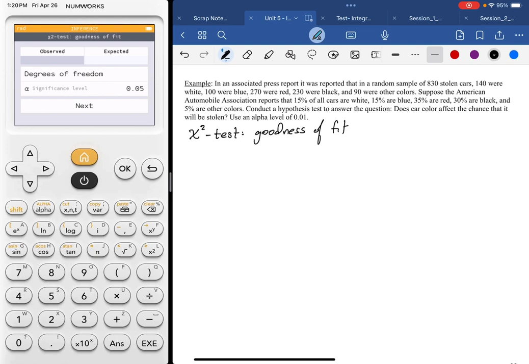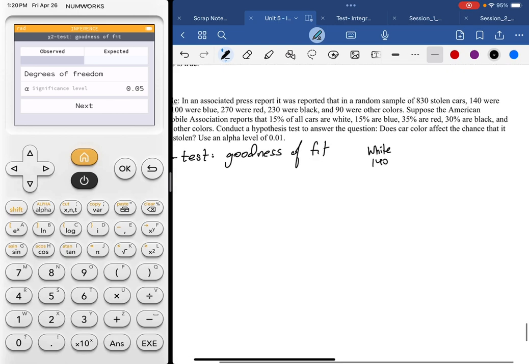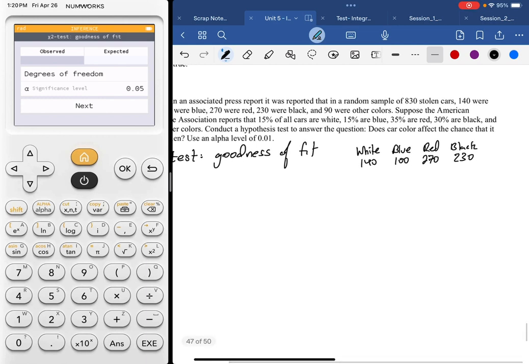Now, on paper, I'm going to indicate the relevant values here. So I'll make a little table. We have 830 stolen cars. 140 were white, so I'll say white, 140, 100 were blue, red 270, black 230, and other 90.